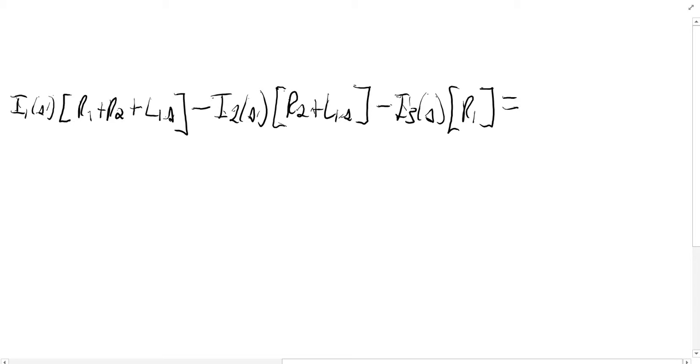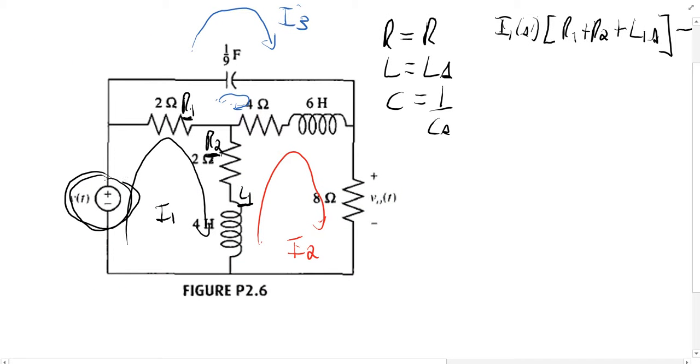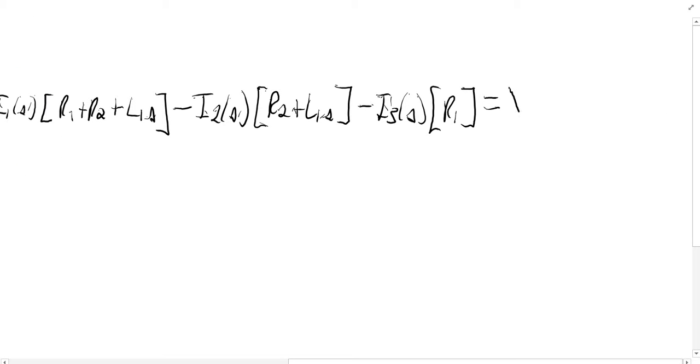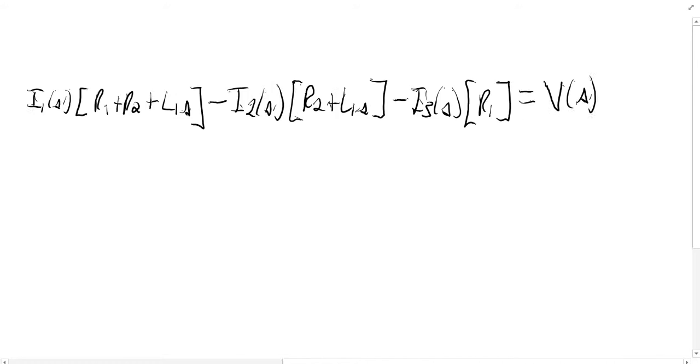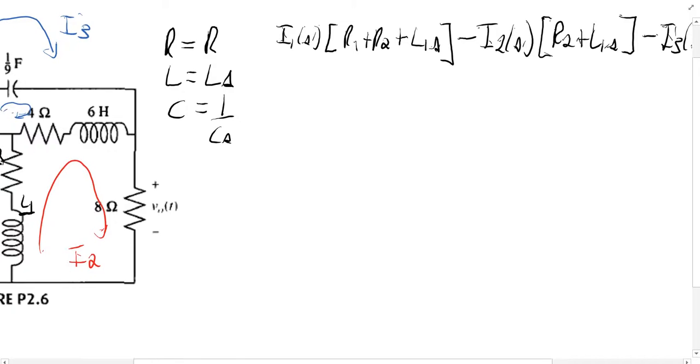On the right side we're gonna put all the inputs that are located within the loop, which in this case is this voltage source, and voltage sources are modeled in the frequency domain by just writing V as a function of S. And that's gonna be our first equation for the first loop.